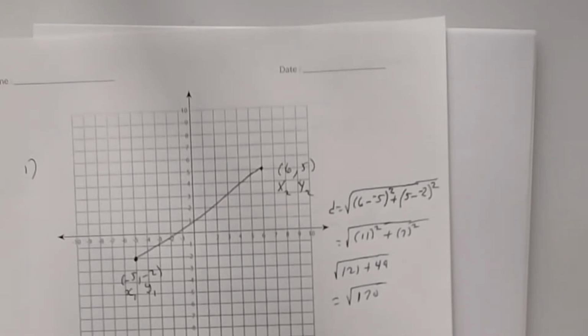Does 4 go into 170? The next one after 4 is 9. Now, obviously, 9 will not go into 170 because this is even, right? What's the next one? 16. No. All right.